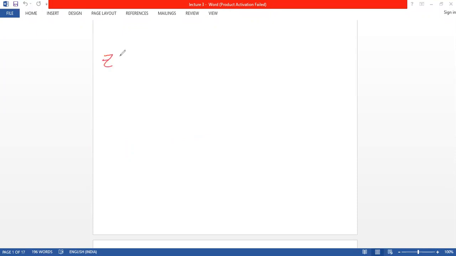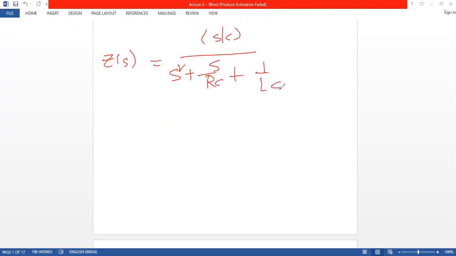You just try to solve it. You will get Z of S is (S by C) divided by (S square plus S by RC plus 1 by LC). This is the final equation you will get. Now, what observation did you make here?